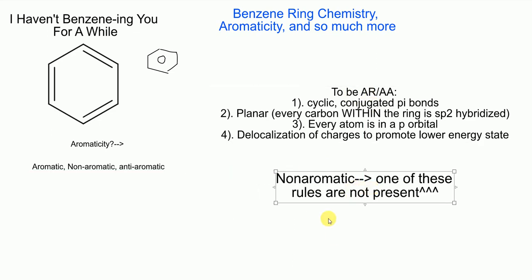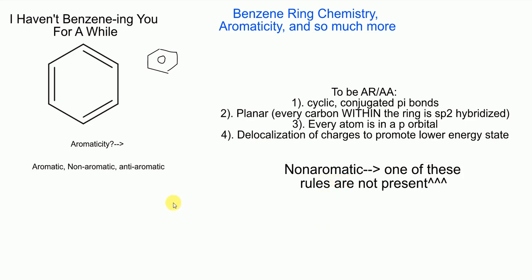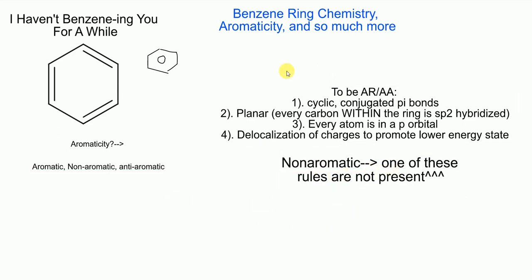If it's not cyclic, if it's not conjugated, if it's not planar, so if you have something that's not within a double bond within the actual ring, then that's not aromatic. Okay, it's non-aromatic. So those are those rules.